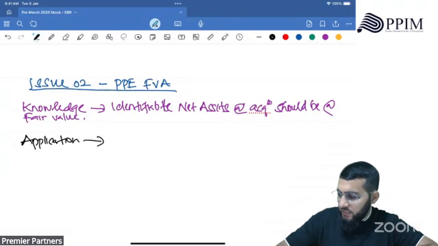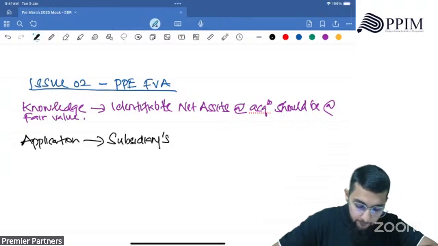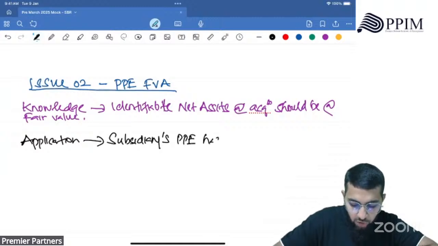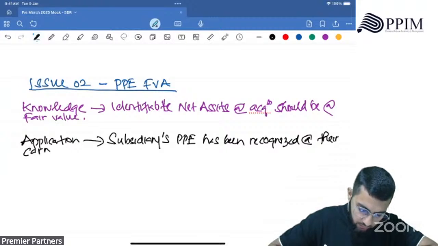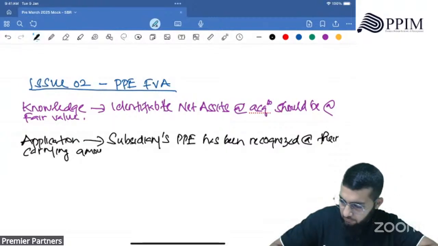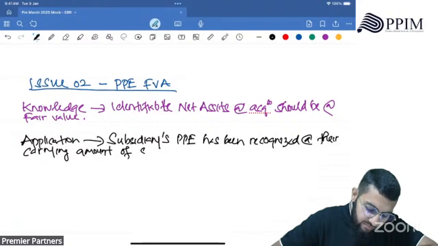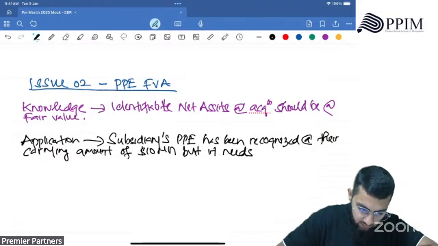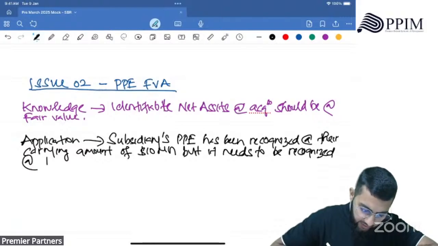The application here is that the subsidiary's PPE has been recognized at its carrying amount of 10 million, but it needs to be recognized at fair value of 40 million.